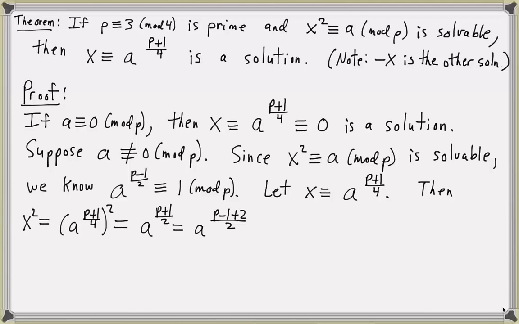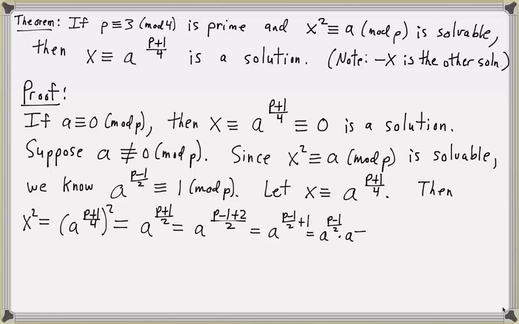If I break this up, I get a to the p minus 1 over 2 plus 1. So this is a to the p minus 1 over 2 times a to the first power.